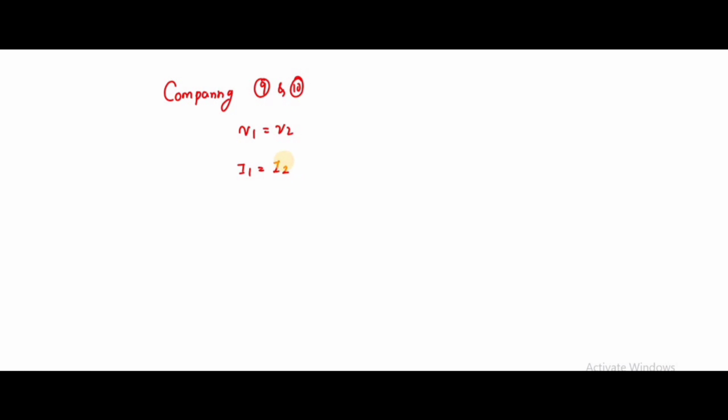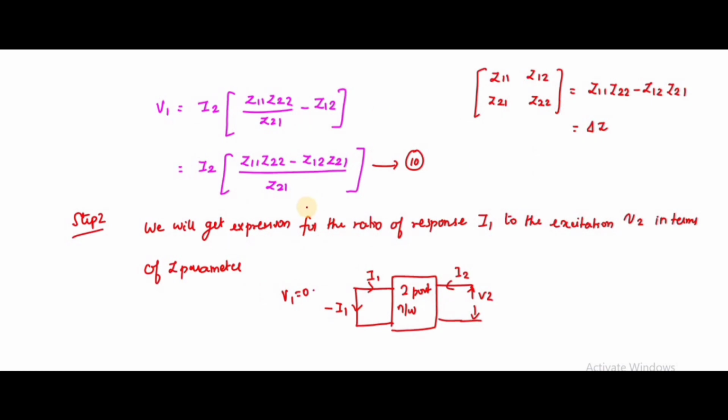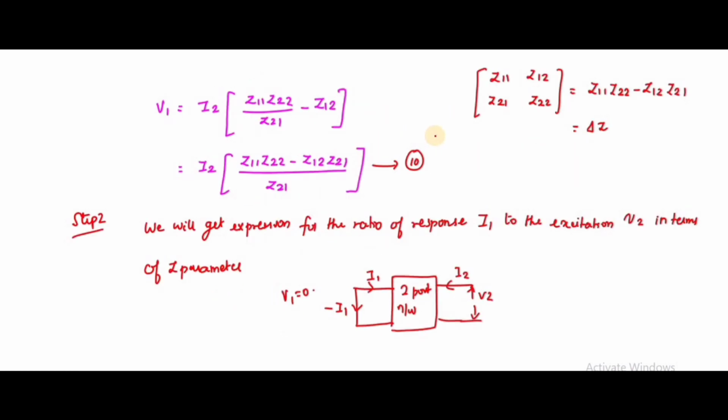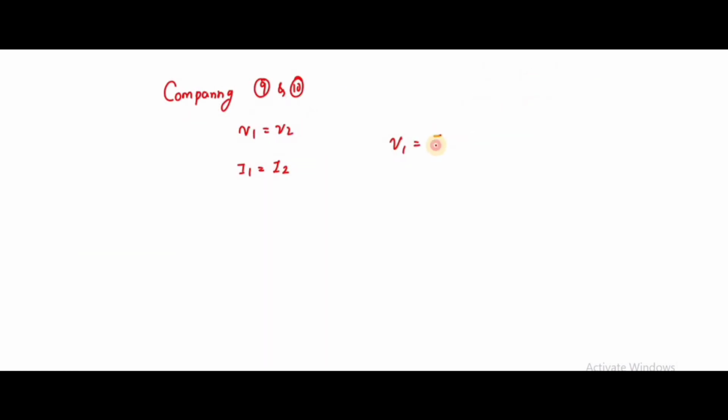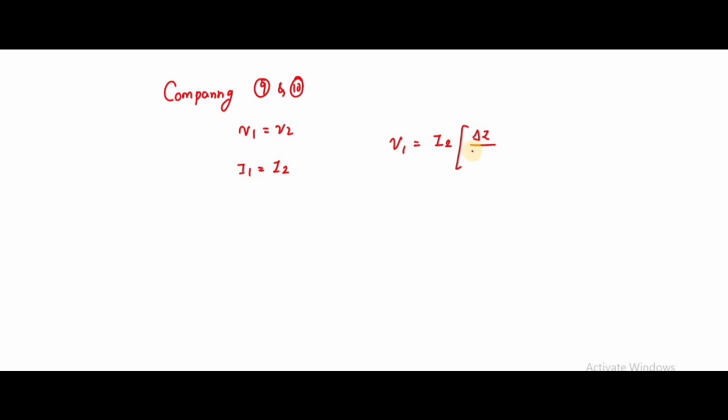So you substitute any of these two values in 9 and 10. V1 is equal to I1, I2 and 2 del Z divided by Z21. This is your 10th equation.